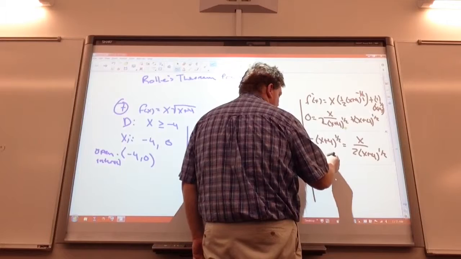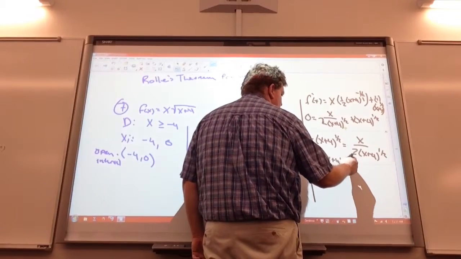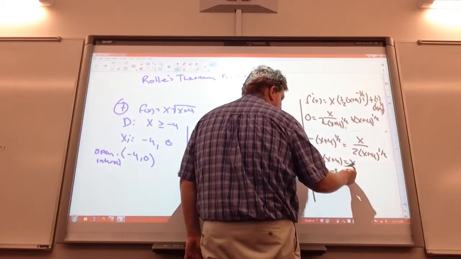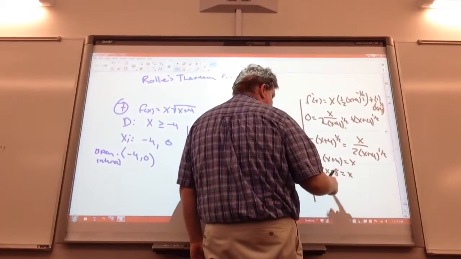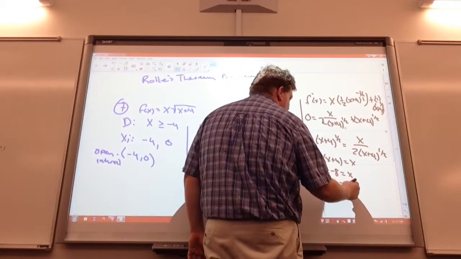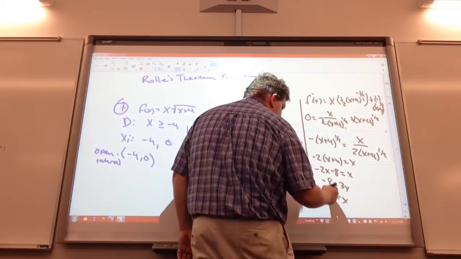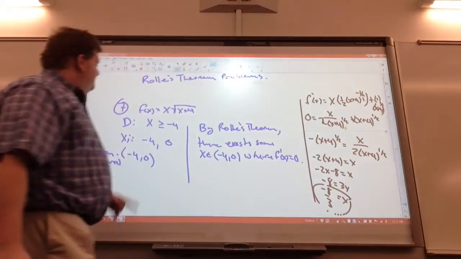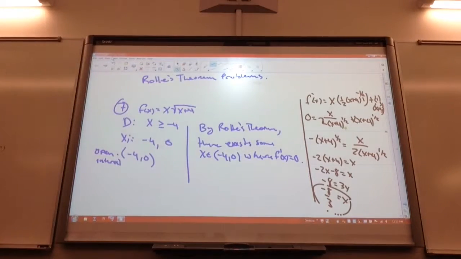So it should be minus 2 times x plus 4 is equal to x. So minus 2x minus 8 is equal to x, which means minus 8 is equal to 3x. So x is equal to negative 8/3. Is negative 8/3 between negative 4 and 0? Yes. So we just confirmed that the critical point does exist at negative 8/3.